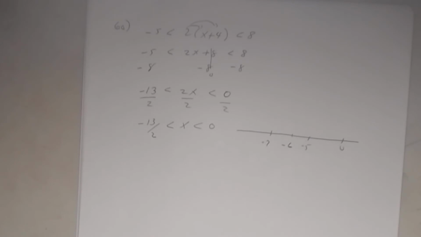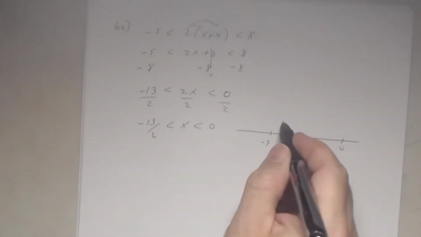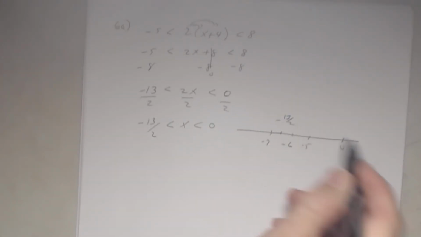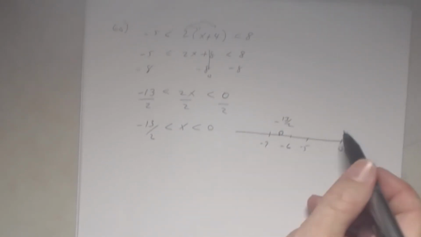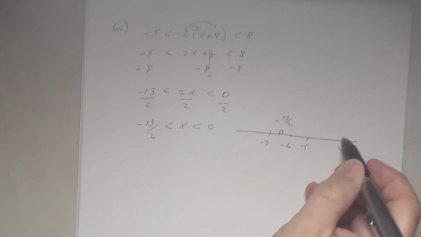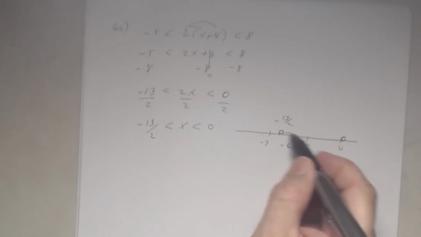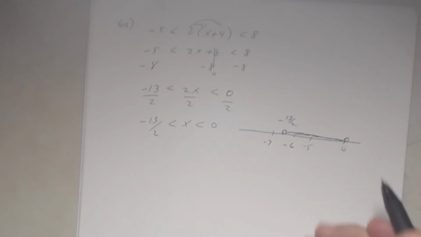Negative what? -6.5. All right, so that's between -6 and -7. So let's say that's here. All right, closed circle. Oh, not closed. Open because there's no equal sign. And then 0 is going to be open as well. And then I shade in everything between them.